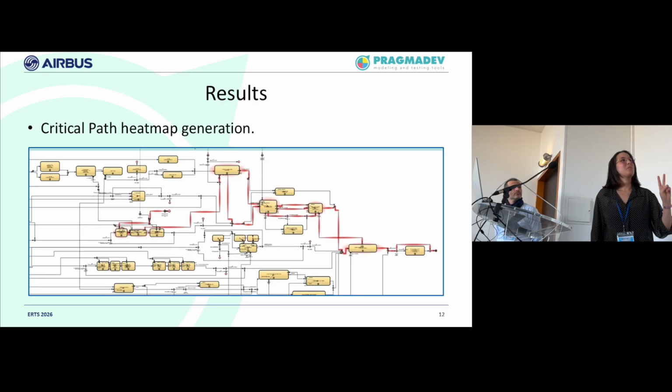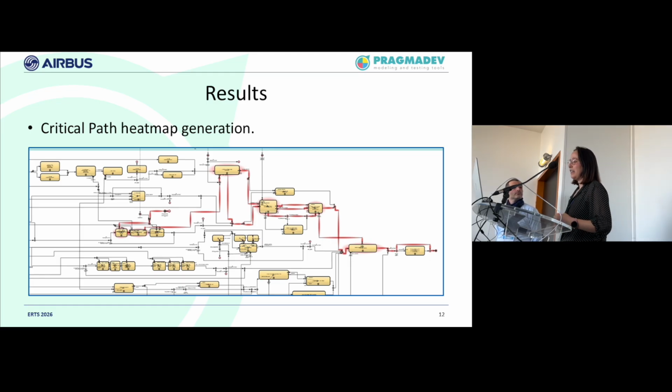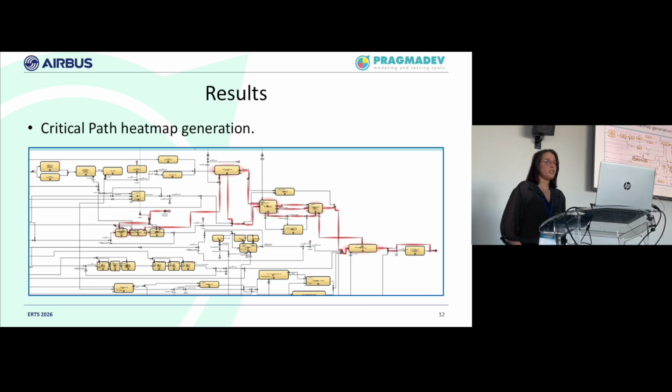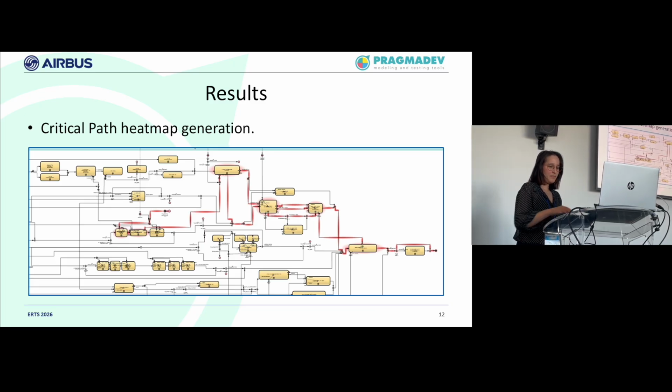The second capability that we were looking for was critical path identification. This is something as well that we could retrieve within the tool. The simulation and the identification of the critical path was done in less than a minute. And I can remind you of the complexity and the number of artifacts in the model, so it was great to see.